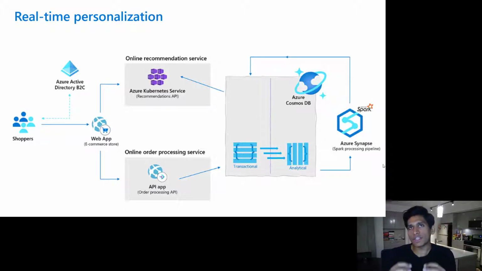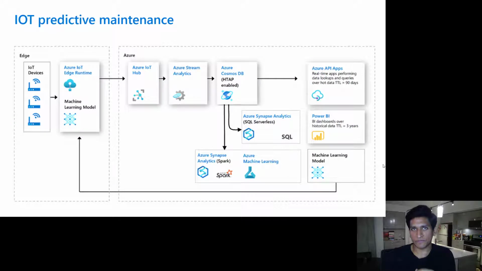You can leverage Synapse Spark to read data from Cosmos DB Analytical Store without performance impact to train ML models that can then be deployed to the application layer for online scoring and real-time personalization.